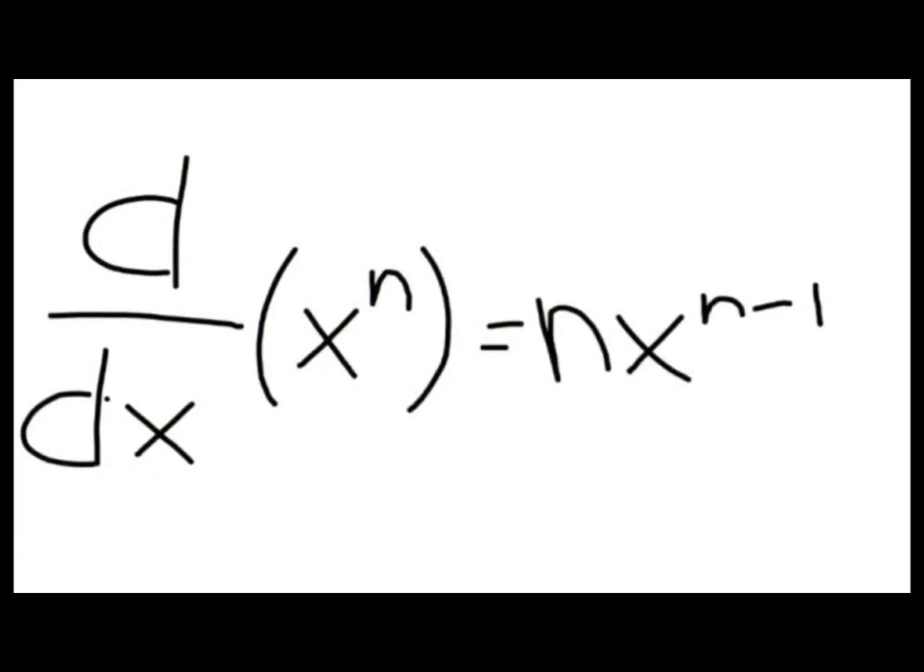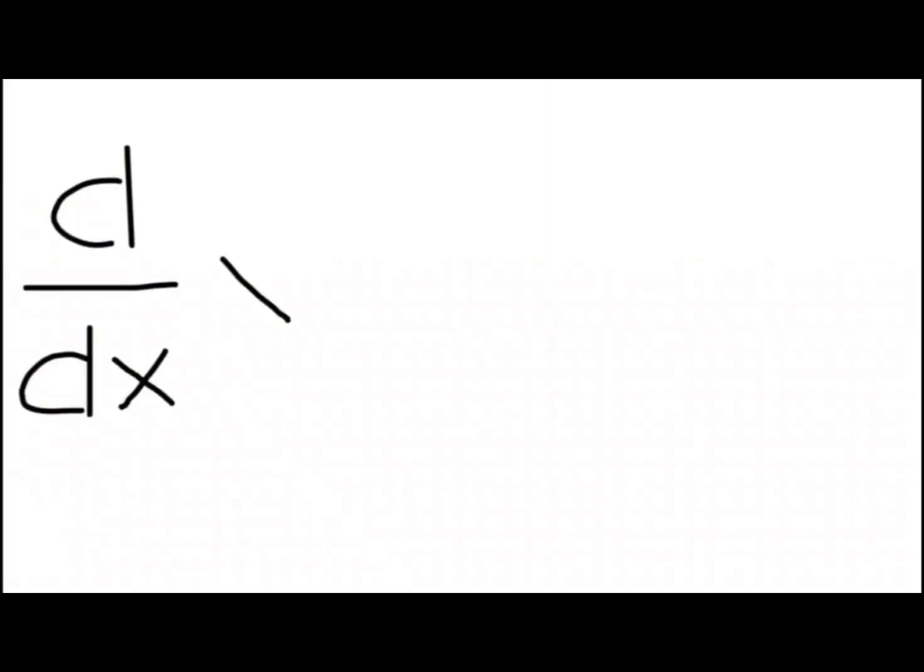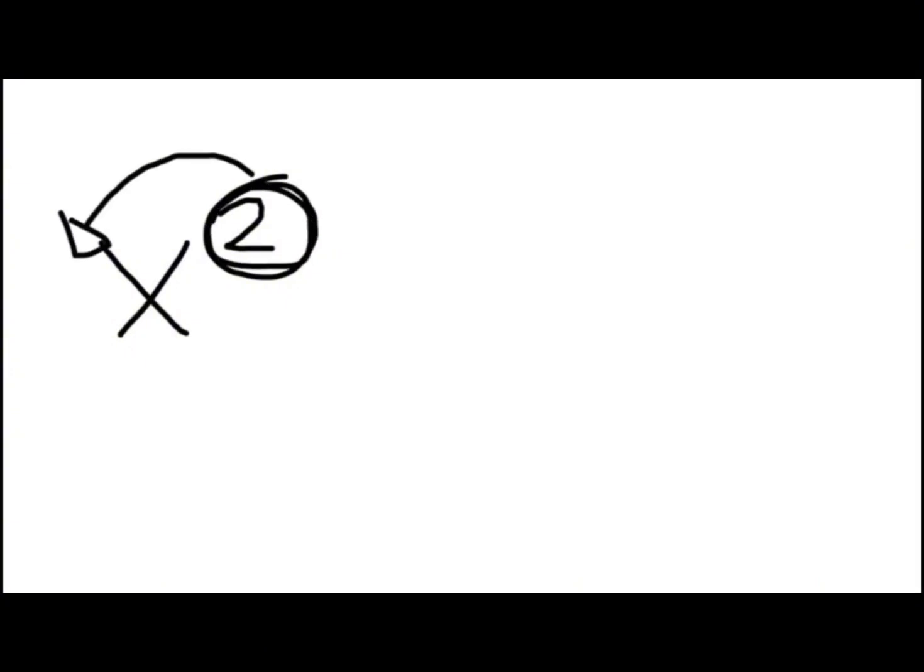So now, we'll try to solve for some examples. So we have the derivative of x raised to 2. So to solve that, we have x raised to 2, and the exponent, or the 2, will go to the front and will serve as our coefficient.